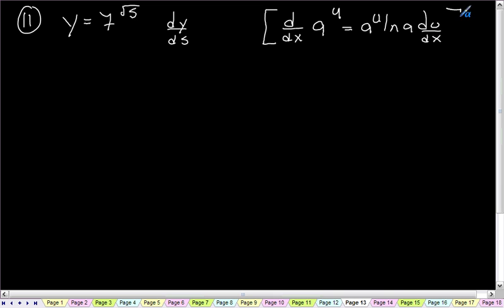That's what we have to remember. We have to get to this when we take the derivative.